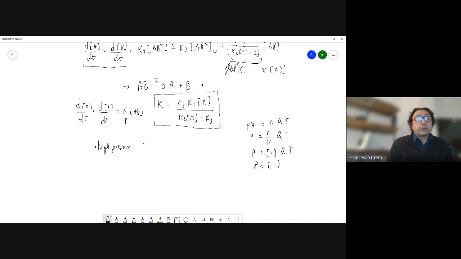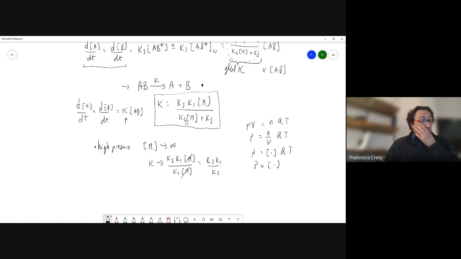So M, if we think of it as going to infinity in the sense that it's very, very large, you see that the denominator here will get to a point where you can actually neglect K3 with respect to this term here. Okay, so we have that K will actually tend to K3, K1, M divided by K2, M. So this goes, and we have that K is actually a group of constants.